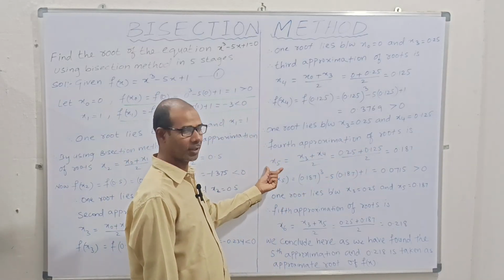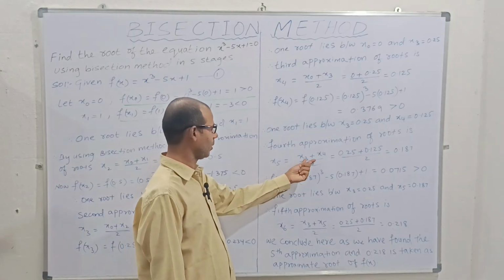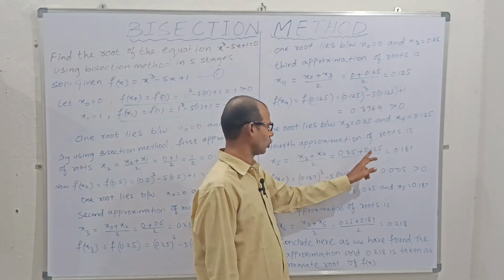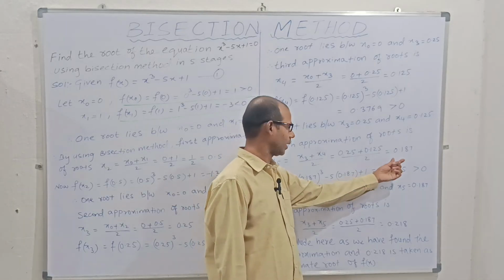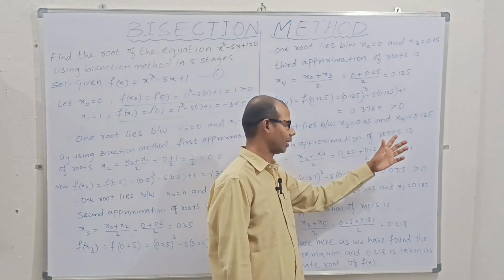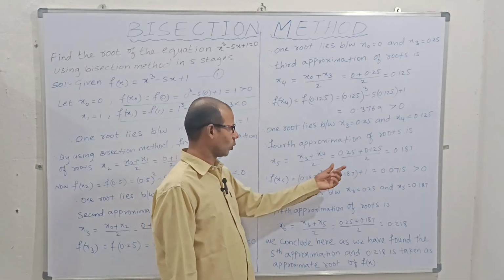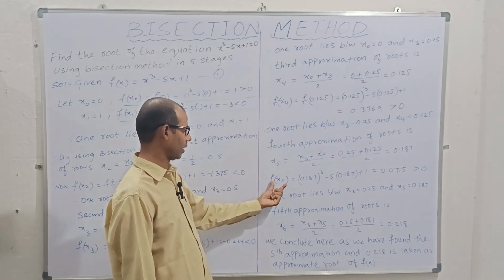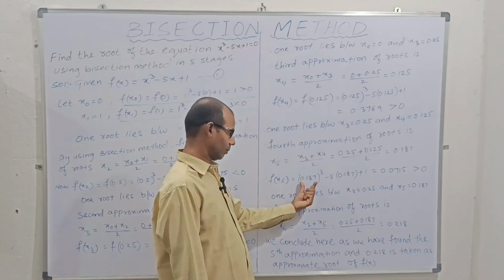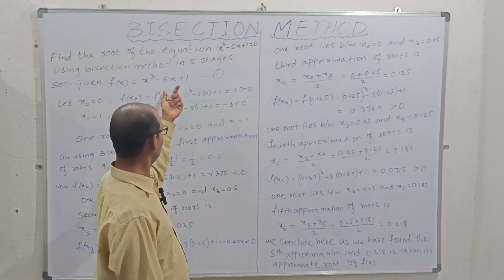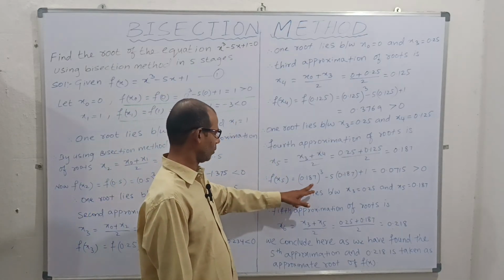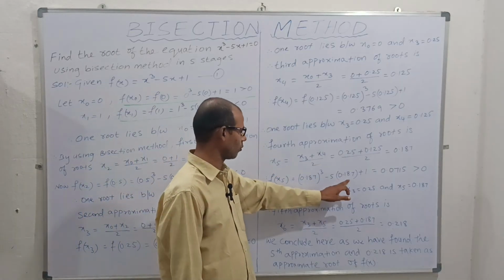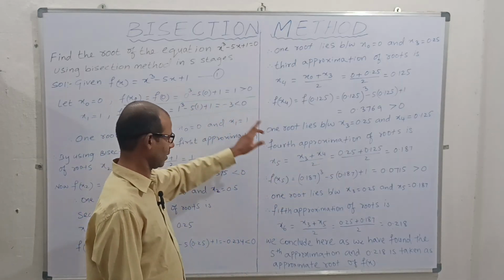Now we go for the fourth approximation of the root. So x5 equals x3 plus x4 by 2, that is 0.25 plus 0.125 divided by 2. So we get 0.187. Now we will find the function value at this point. So f of x5 equals 0.187 whole cube minus 5 into 0.187 plus 1.